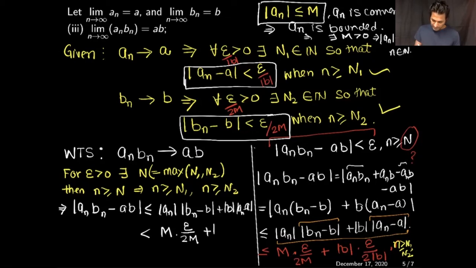And b does not depend on n, and |an − a| is less than epsilon divided by 2|b|. If you simplify this, this is just less than epsilon.